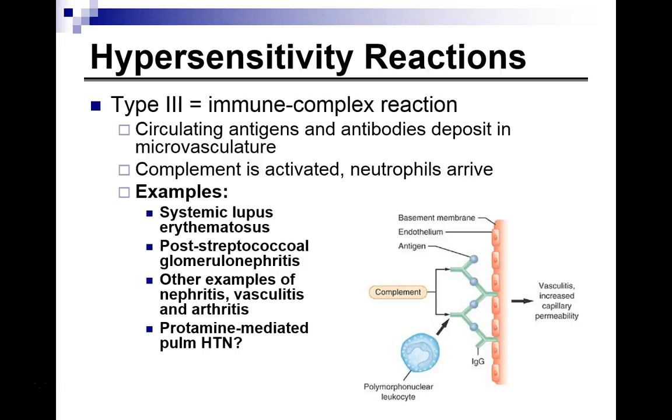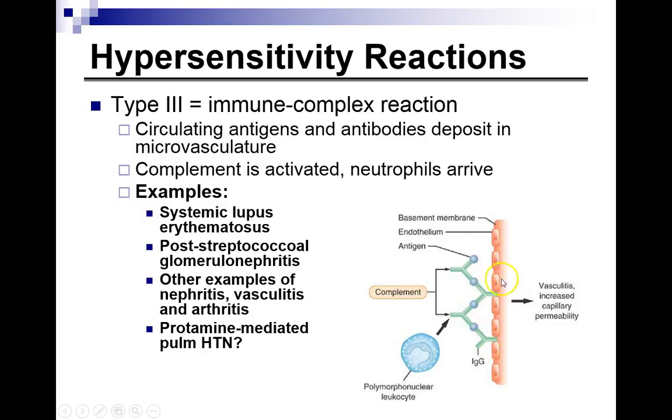In a type 3 hypersensitivity reaction, this is called an immune complex reaction, where circulating antigens and antibodies deposit into the microvasculature. This leads to an activation of complement and recruitment of neutrophils. Here we can see some IgG antibodies.